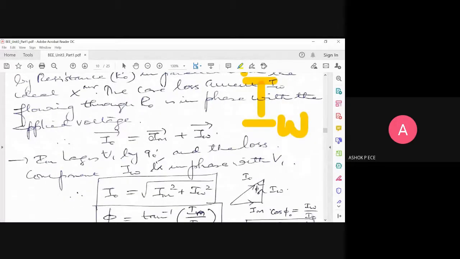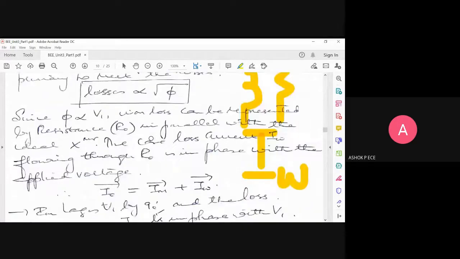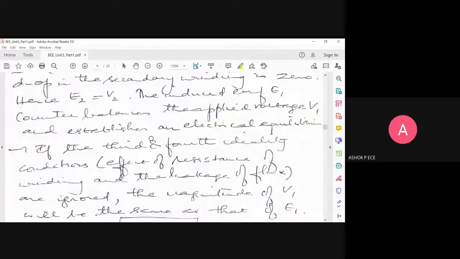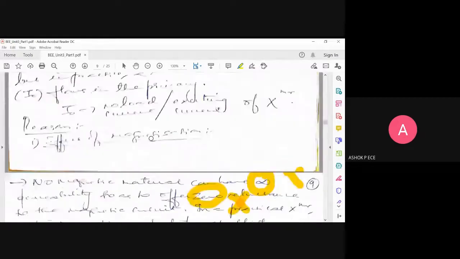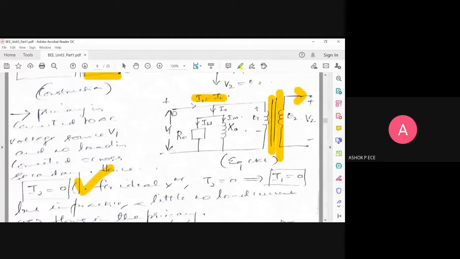So I naught is made up of two currents. One current is called magnetizing current IM, which is flowing through the inductor. Let me show the diagram again. Please see it. One current is the magnetizing current flowing through the inductor. One current is the core loss current flowing through your resistor. The resistor and inductor are related, because the magnetizing current will flow through the inductor and the core loss current will flow through the resistance.